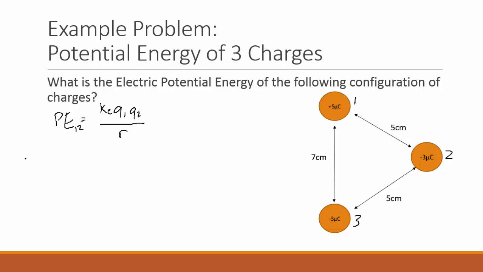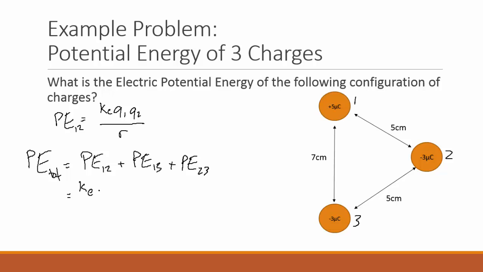But let's look at the total potential energy. The total is the potential energy from each pair added together. So the potential energy of pair 1, 2 plus the potential energy of pair 1, 3 plus the potential energy of pair 2, 3. So I have 3 terms here.